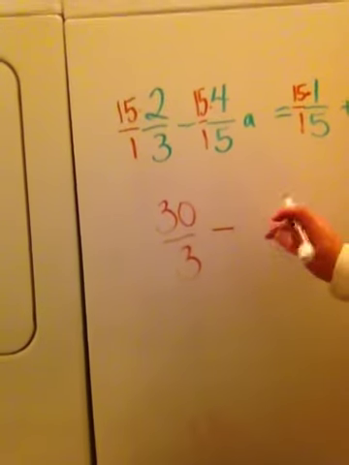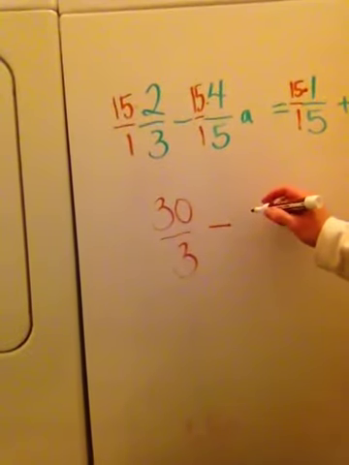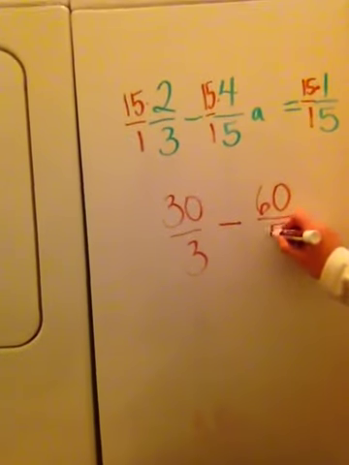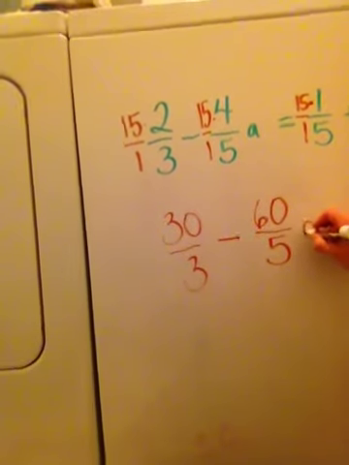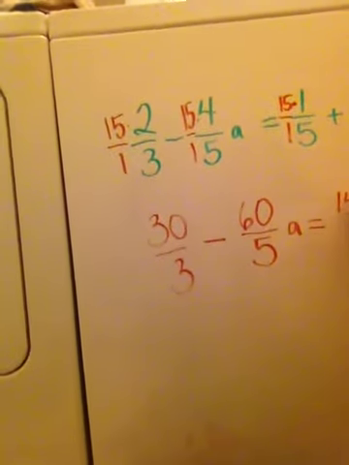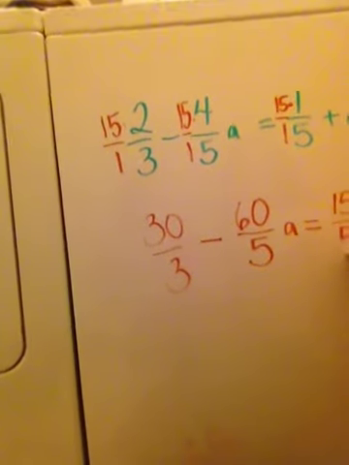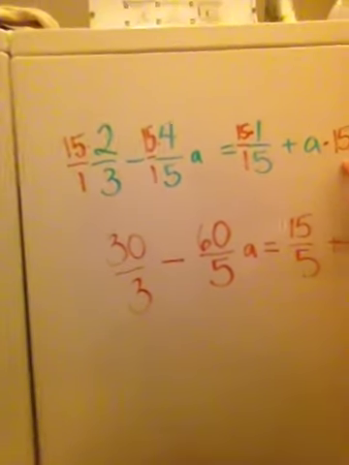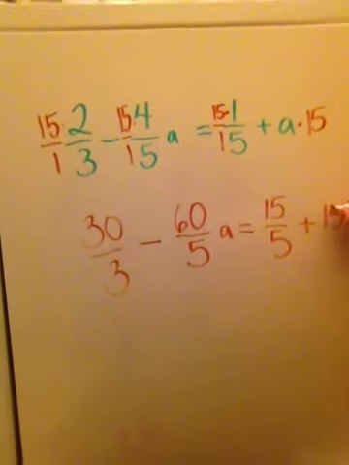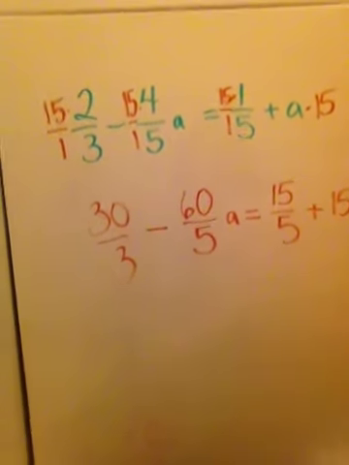We won't get 12 right now because you're going to have to reduce eventually. So we're going to have 60 over 5a equals 15 over 5 plus, this is a times 15, so that is 15a, 15 times a.